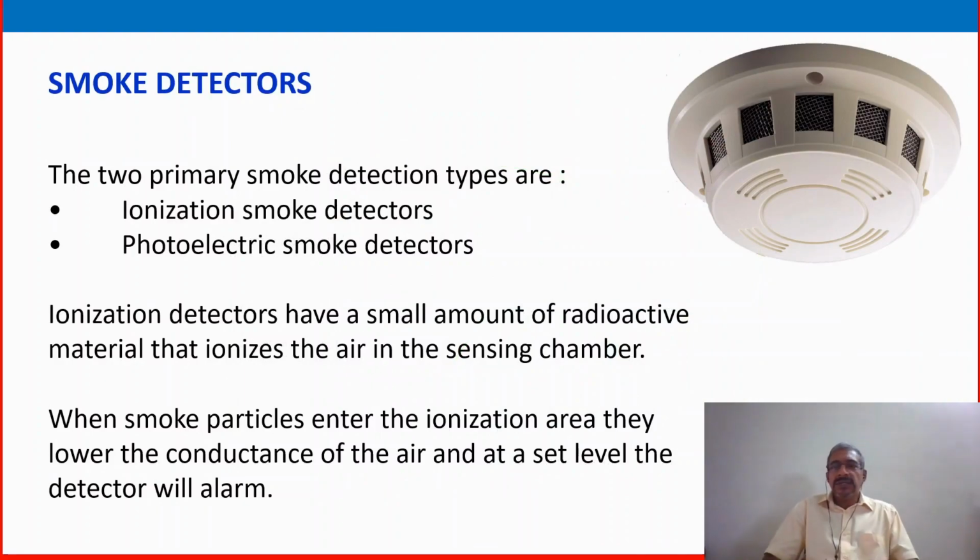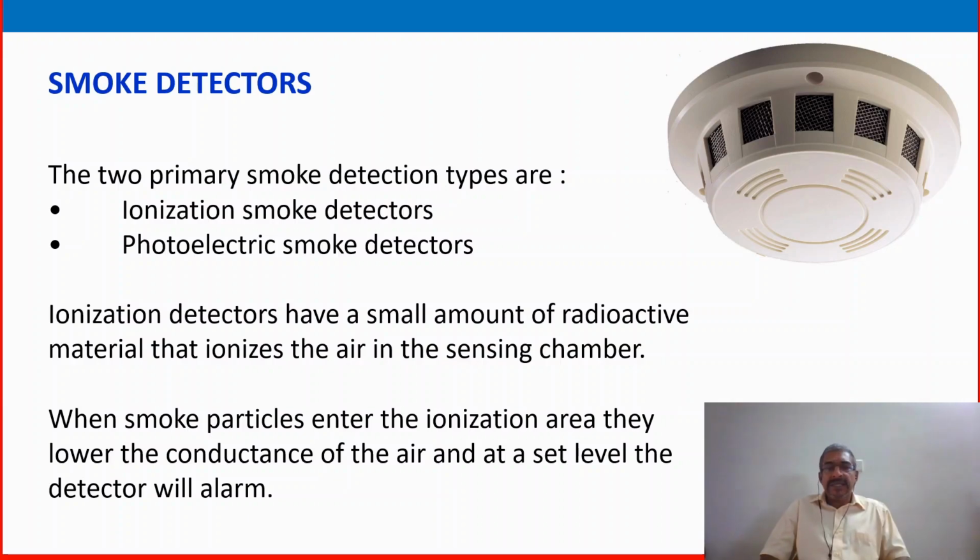Next is the smoke detector. The two primary smoke detector systems are the ionization smoke detector and the photoelectric smoke detector. We are not going deep into the working principle of this, but remember that smoke detectors, like heat detectors, are safety devices that can be connected in various indoor operating areas, or food cooking areas where plenty of smoke can be generated.